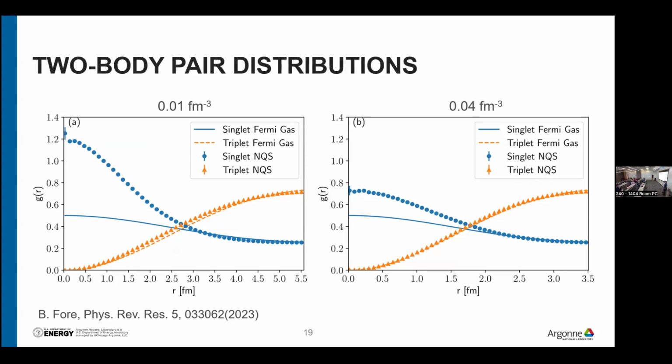In particular, what we expect to find in pure neutron matter at low density is a superfluid. We would expect an excess of singlet S-wave neutrons at short distance, which is exactly what we find, excess over the Fermi gas result.